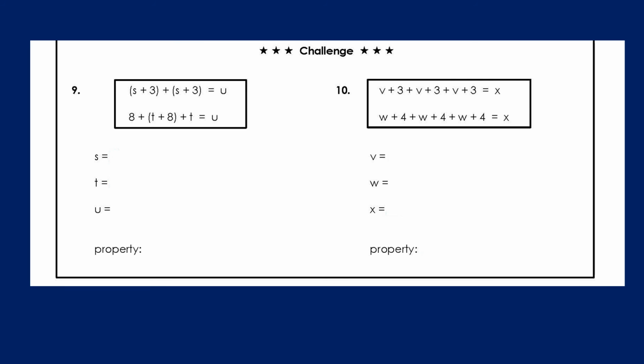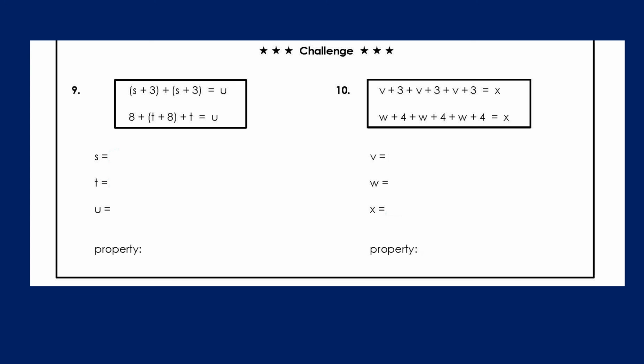All right, challenge time. Here we have the sum of s plus 3 added to the sum of s plus 3 equals u. And here we have the sum of t plus 8, and then 8 added to that, and then t added to that. Now for a moment, don't look at the parentheses, okay?